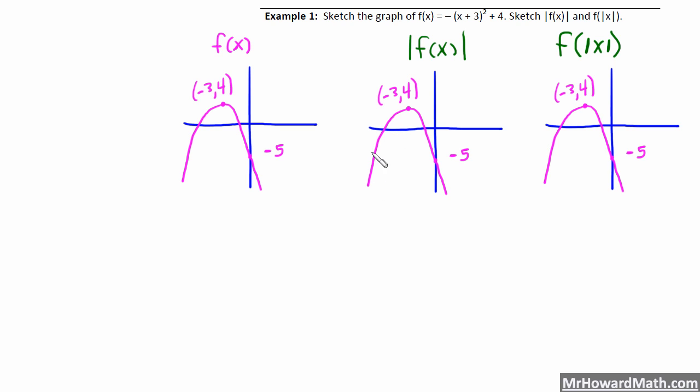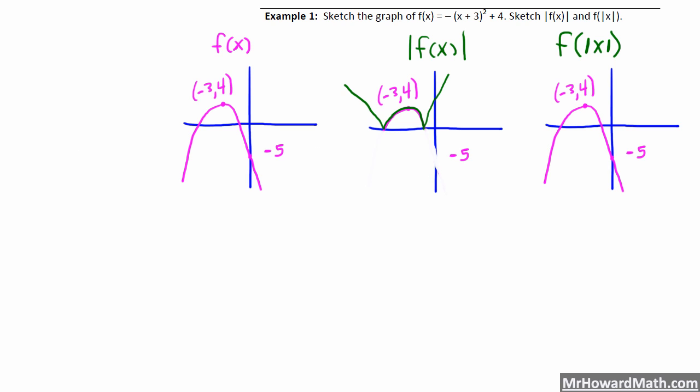This part right here gets reflected over the x-axis, so something like this and something like this. That's not perfect, but that's approximately what it's going to look like. And then all of the positive y values stay just as they were, and the negative y coordinates of the original are erased or removed. So that's what that one would look like.